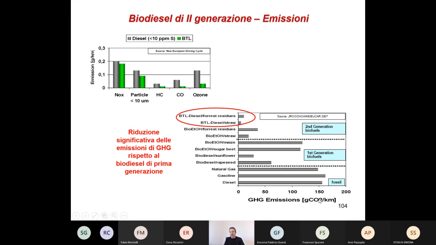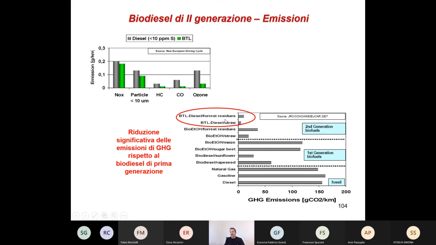It's a unit we can use. And you see that in some cases, first generation, mainly for bioethanol, emissions are not so much lower than fossil fuel. Better for biodiesel, mainly from rapeseed, olio di colza, semi di colza, scusate. Of course, if you move to the second generation biofuels pathways, you obtain the best results of greenhouse gas emissions reduction.